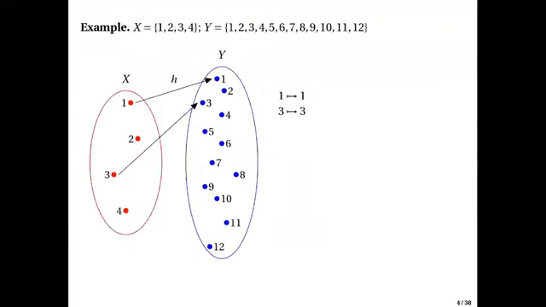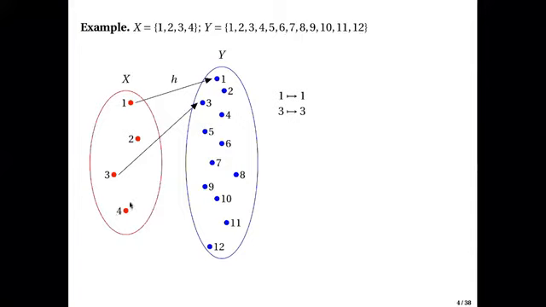Let's have another example here. This time, let capital X be the set containing the numbers 1, 2, 3, and 4, and Y be the set containing the numbers 1, 2, 3, until 12.